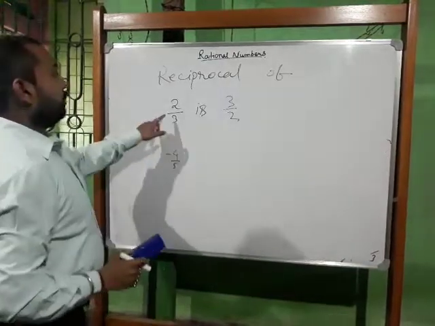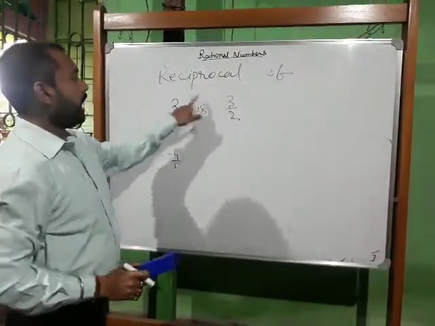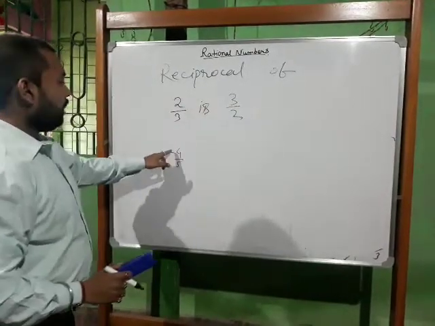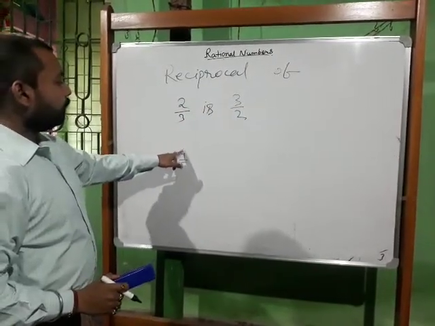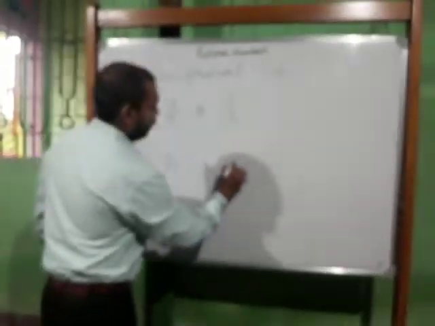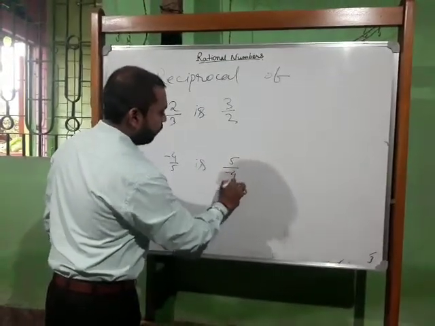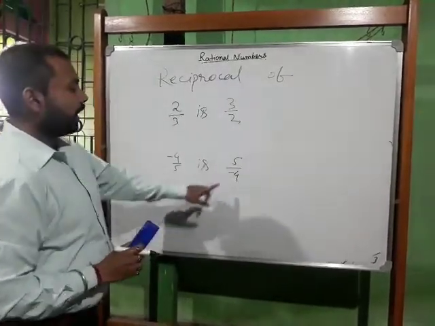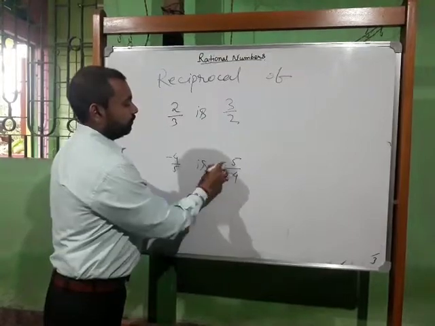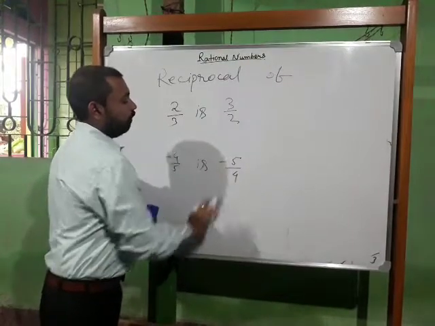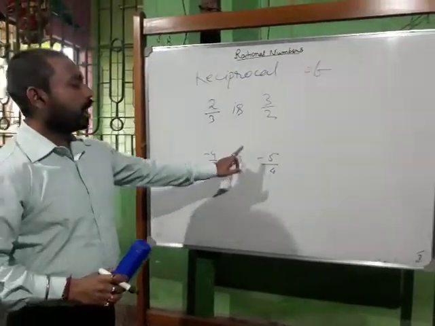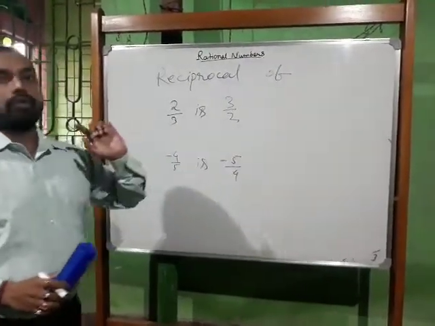That means the denominator will go to the numerator and the numerator will go to the denominator. It will be reversed. Similarly, what will be the reciprocal of minus 4 by 5? It is 5 by minus 4. Now one thing you listen, you can write this minus sign at the top. So it is minus 5 by 4. The reciprocal of minus 4 by 5 is minus 5 by 4.